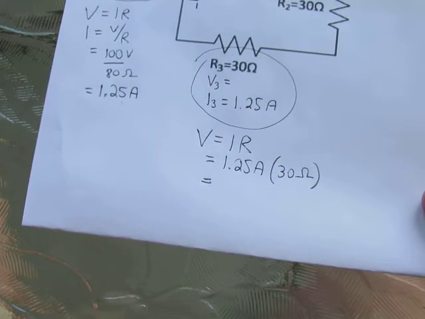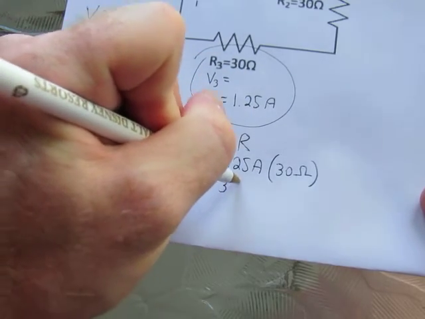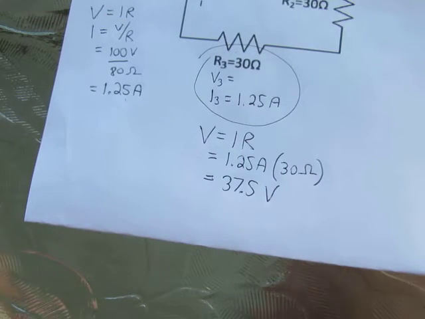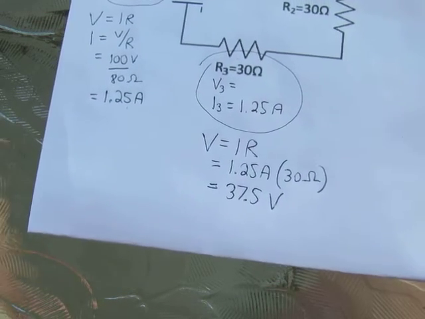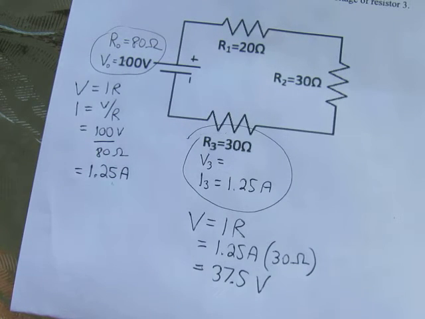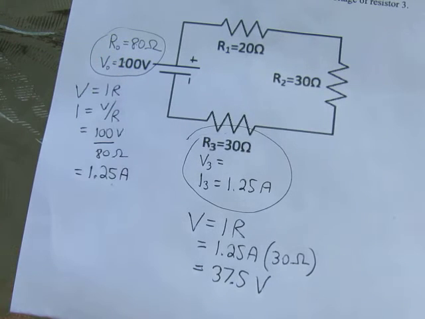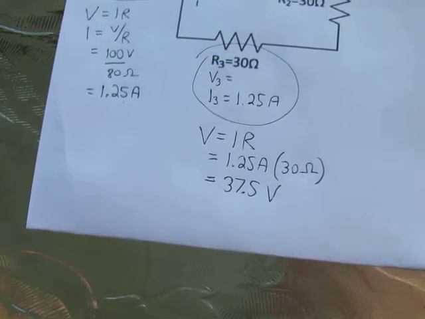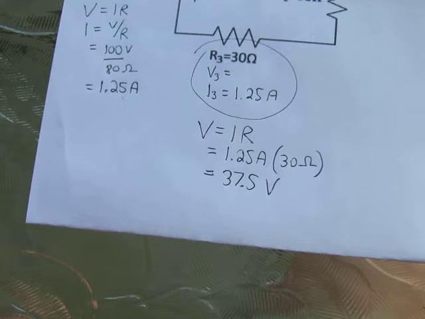And on a calculator, 1.25 times 30 gives you the overall voltage, 37.5 volts, to finish that question off. If you were to quickly check the voltages of the other 2, you would get 2 other numbers where all 3 of them would add up to 100 volts. But this question's only asking for that one. So that's the only answer you need to finish the question off, is 37.5 volts.